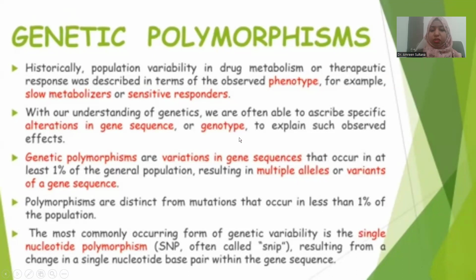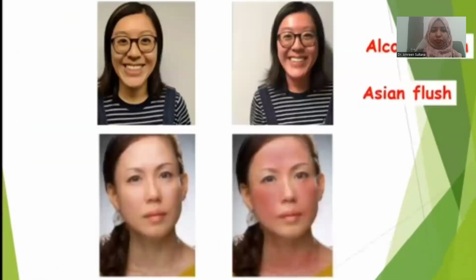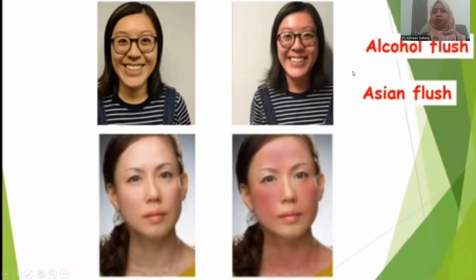Let me give a small example, and we'll come back to the same slide. Here I'm taking the example of two females who show alcohol flush. These two patients are regularly consuming alcohol, and we need to check the difference before and after taking alcohol.